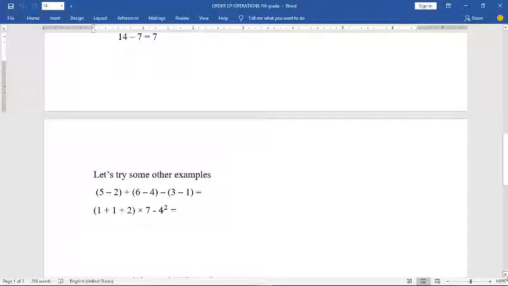What do we do first? Remember our word PEMDAS. PEMDAS says that we have to start with the operations inside a parenthesis. First of all, we have 5 minus 2. The answer is 3.